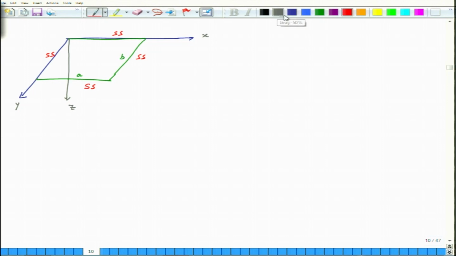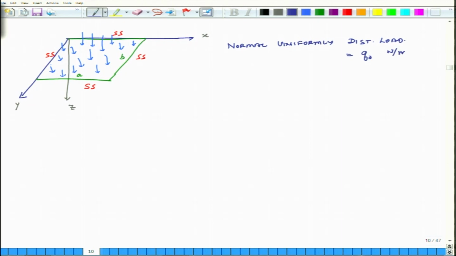And then finally, we have another condition that the plate is seeing a normal uniformly distributed load, and its value is Q naught newtons per meter square.